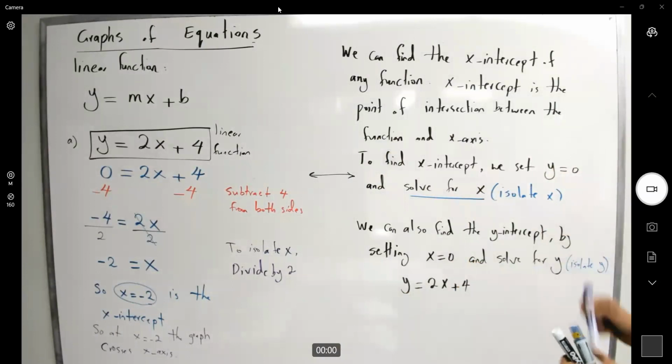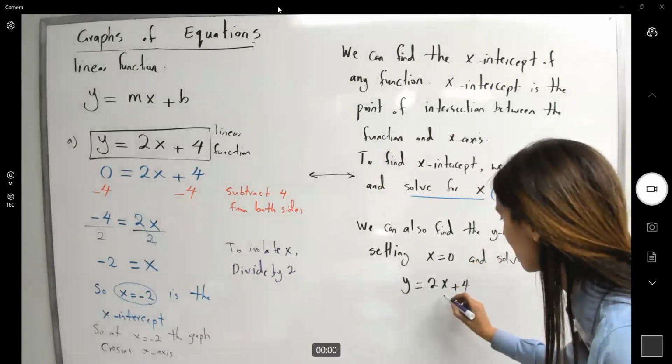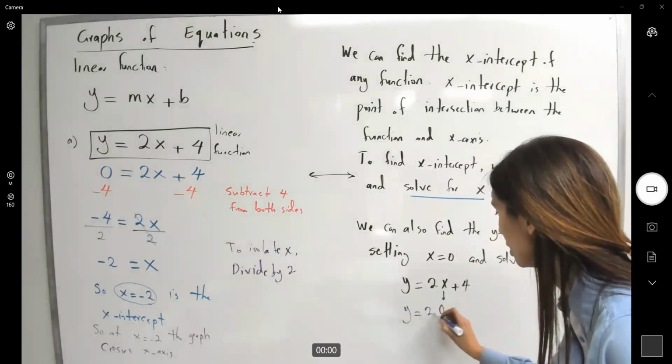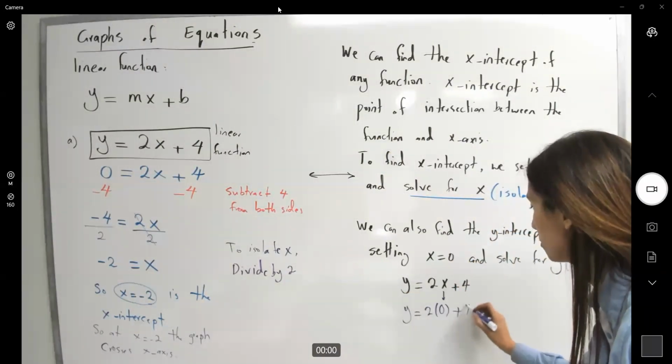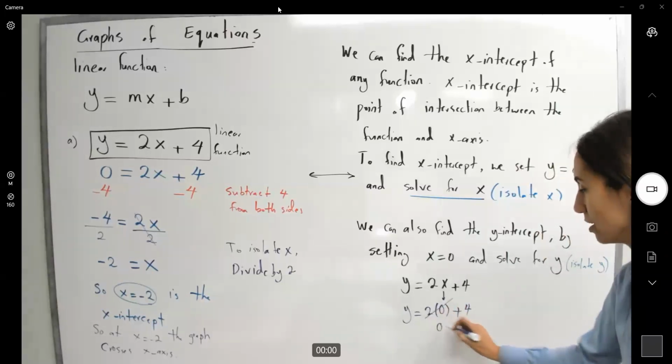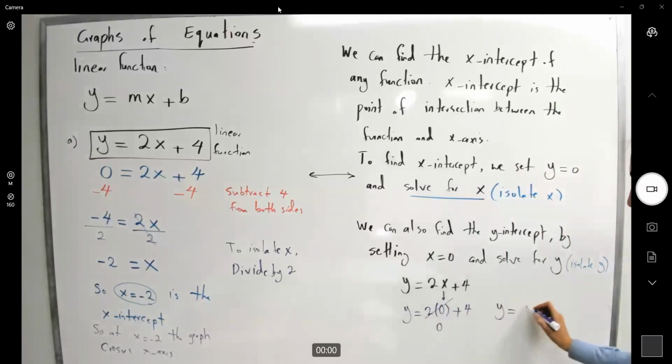So when x is 0, I have y equals 2 times 0 plus 4, but 2 times 0 is just 0. So my y becomes 4. So my y-intercept is 4.